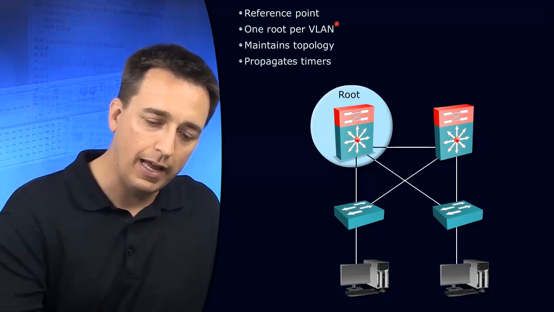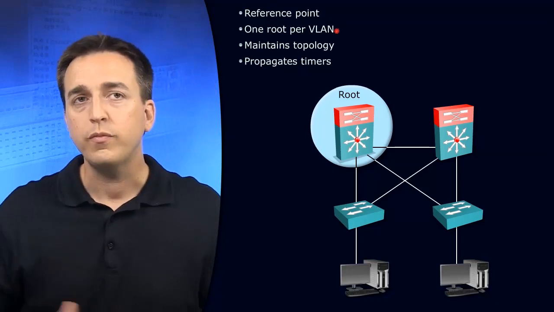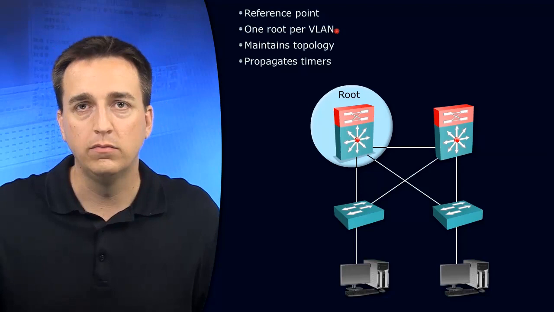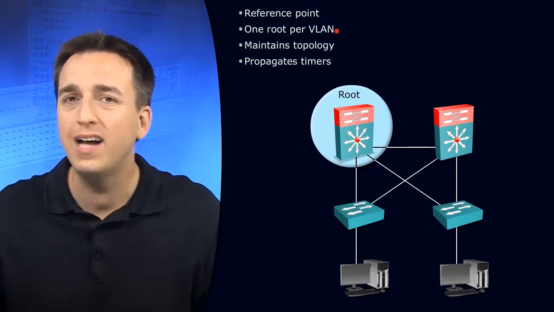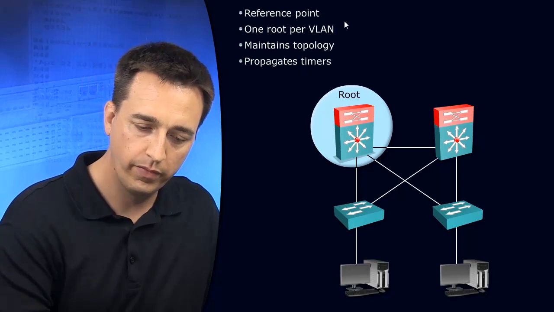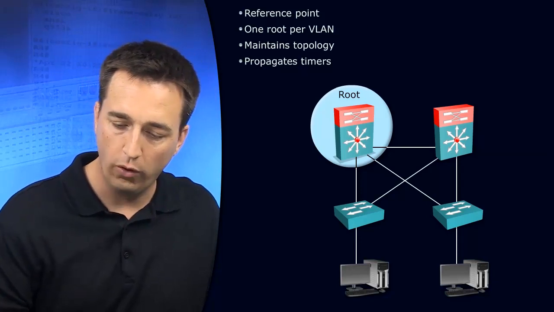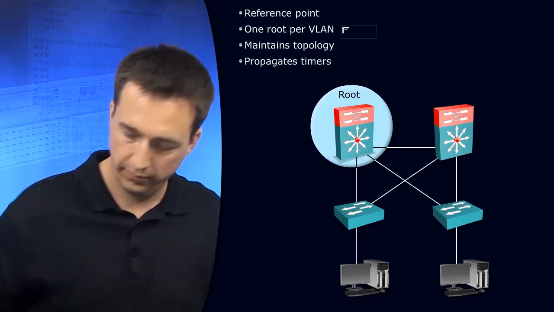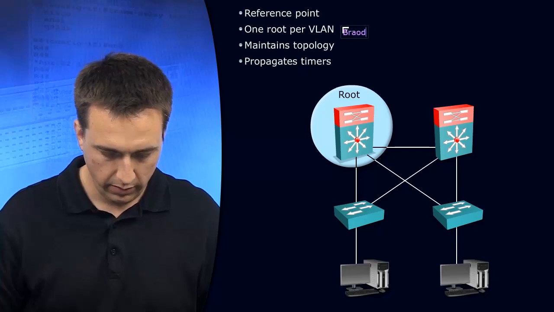Now, when we elect a root bridge, there is going to be one per VLAN. What's another name for a VLAN? That's right.